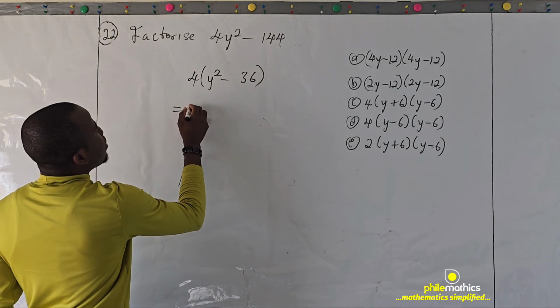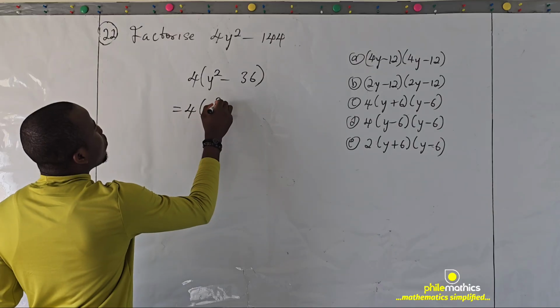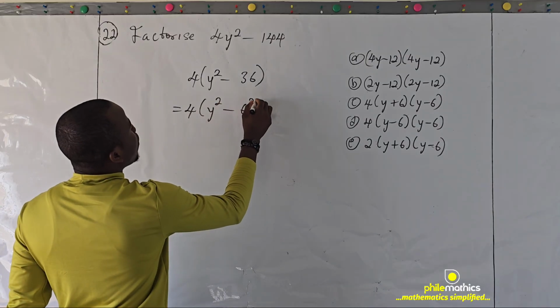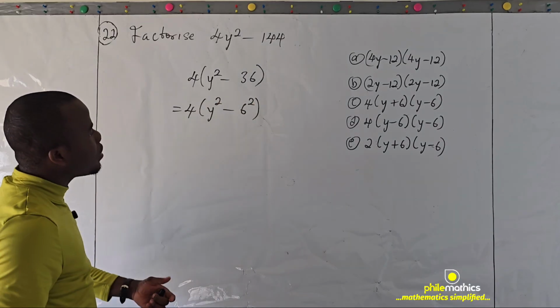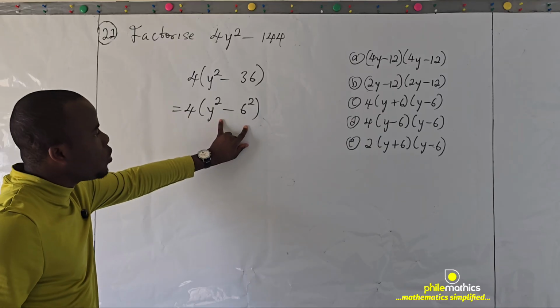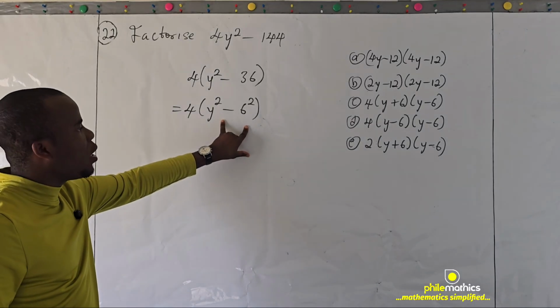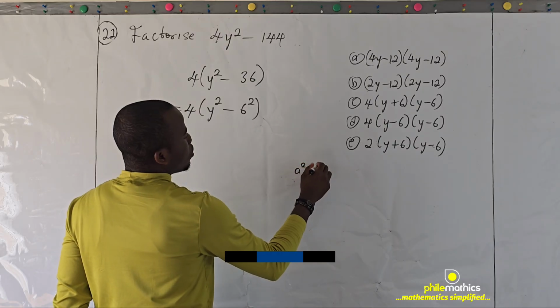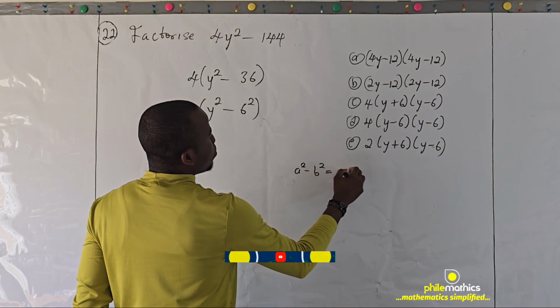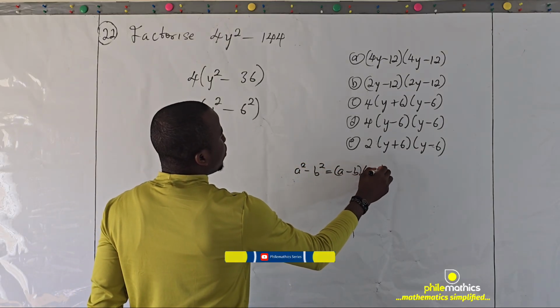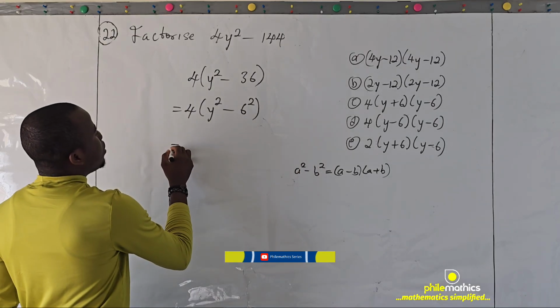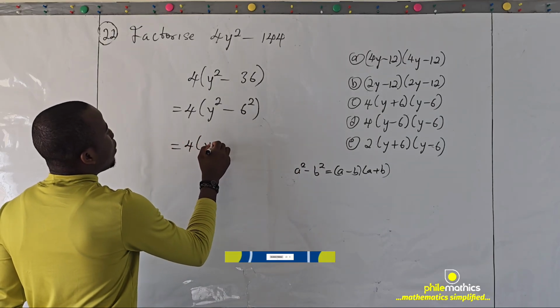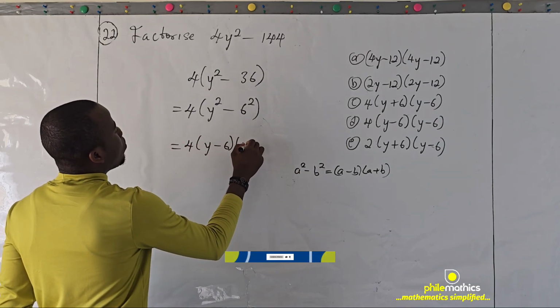I can write 36 as 6 squared, because 6 squared is 36. If you look at this closely, you notice that this is a difference of two squares. And remember, a squared minus b squared is (a minus b)(a plus b). And so I can split this as 4(y minus 6)(y plus 6).